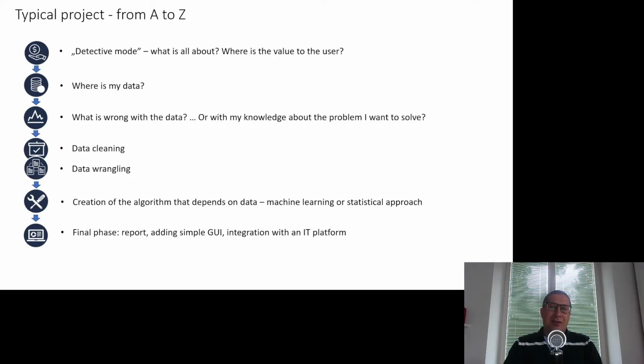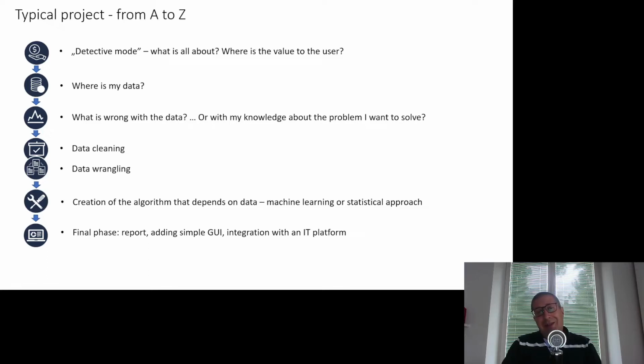Then you need to understand where the important data are, where and how they are stored, and what the quality of this data is, the data that can help you solve the identified problem.